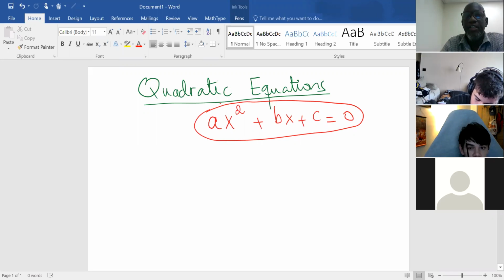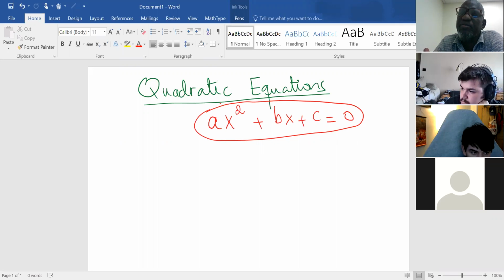And the number a here, the name quadratic comes from what term? What term makes us call this quadratic? It's about the power, the exponent 2.